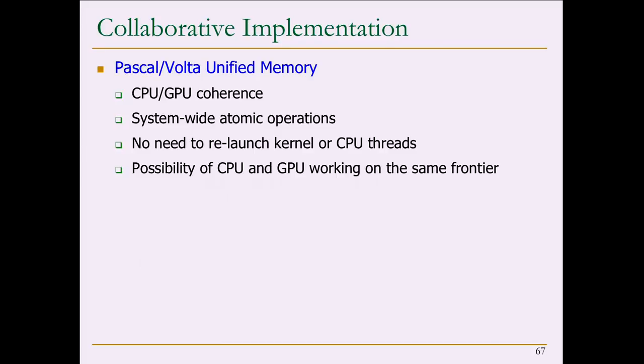Also, if we have new heterogeneous features like system-wide atomics and CPU-GPU memory coherence, it might be even possible to have data partitioning. In addition to task partitioning, we could have a data partitioning strategy where CPU threads and GPU threads work on the same frontier at the same time. This was not possible before.